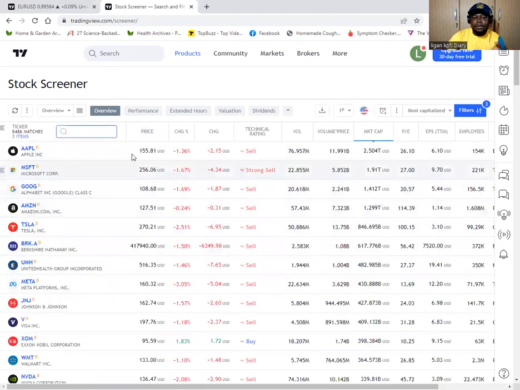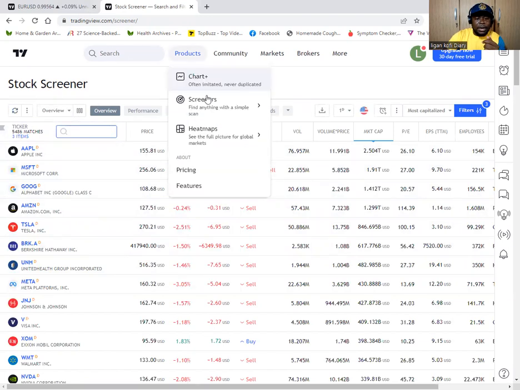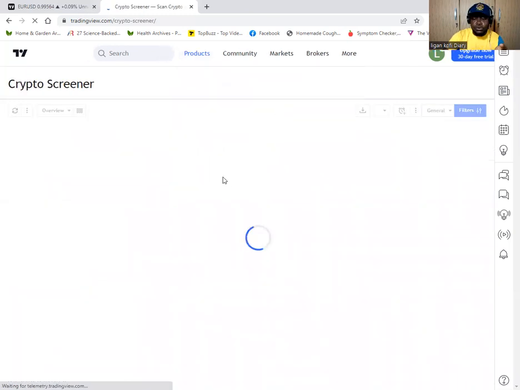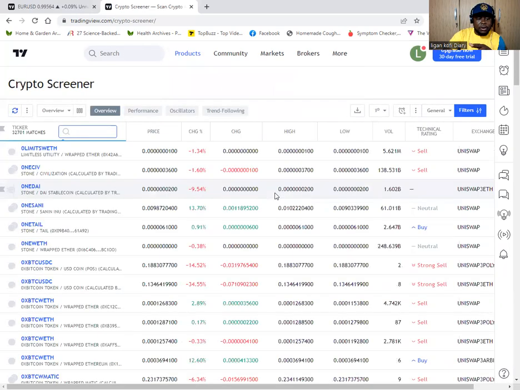If you're a stock trader, fine. And then we also have the other one under screener: crypto. If you're a cryptocurrency trader, you can choose to use the cryptocurrency screener to get some signals out of it, which can aid you in your trading. So this is on overview.